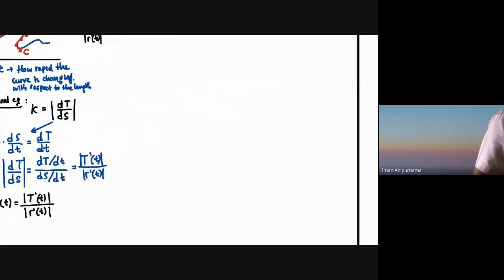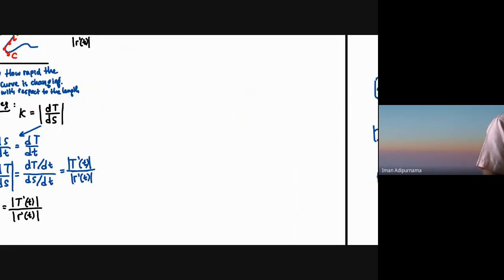Okay, let me move to the right side here. Another theorem, I think I will show you how to deal with this. So the curvature is... okay.